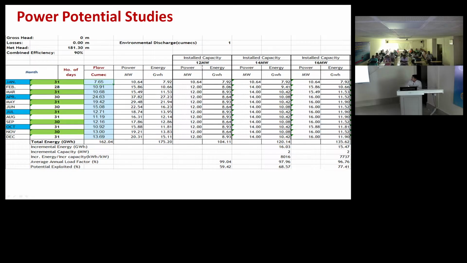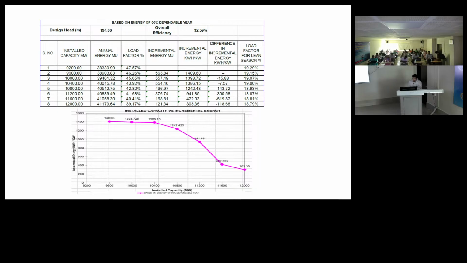For different iterations, let's say 12 megawatt, 14 megawatt, 16 megawatt, up to 20, 30, 100 megawatts, we will do, and based on this curve for different megawatts, you can see in the x-axis these are the different megawatts. For different megawatts, what will be the incremental energy? Based on this graph, wherever there is a sharp decrease, that will be our optimum hydropower capacity.